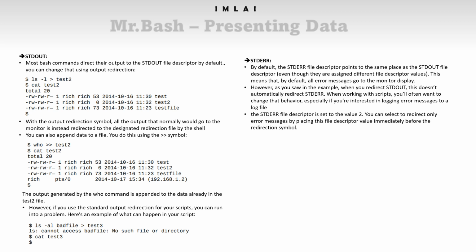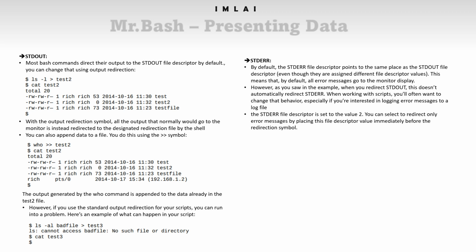This is the location where the shell sends error messages generated by the shell or by programs and scripts running in the shell. Whatever error has been generated will be sent to the stderr file descriptor. So by default, all error messages go to the monitor display.